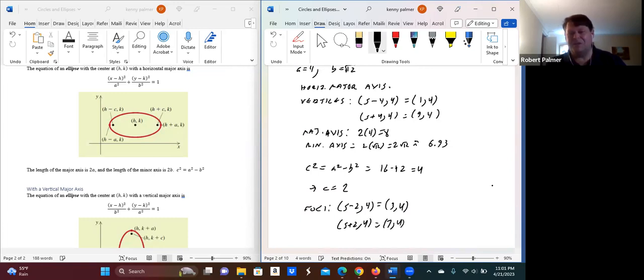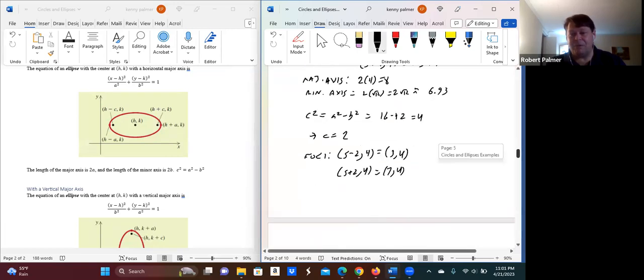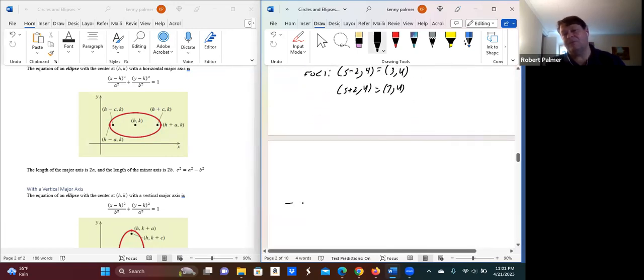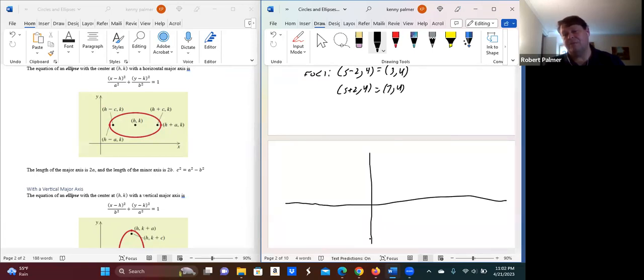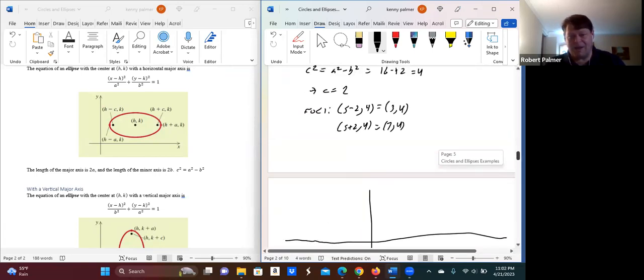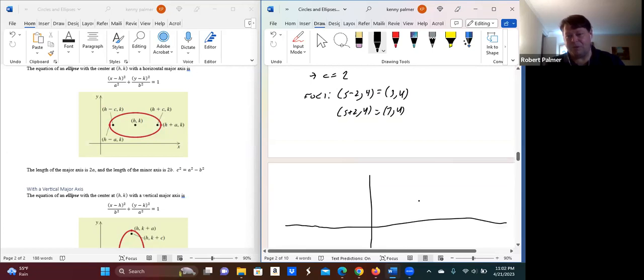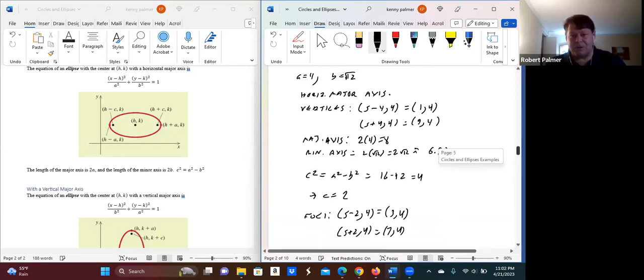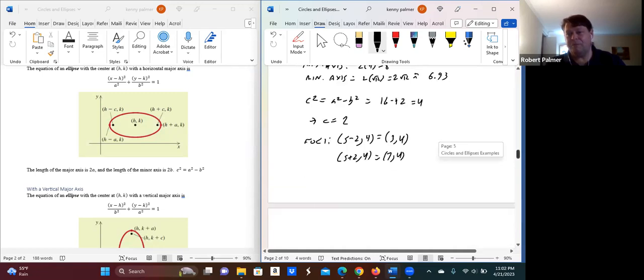So it's a little tedious writing all this out, but now that we know everything we need, let's draw this. Okay, so here are our axes. All right, so 5 and 4, let's say it's about right here. That's our center. Now, our vertices, 1 and 4 and 9 and 4.